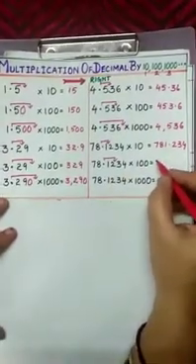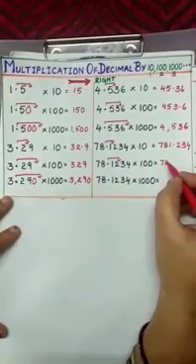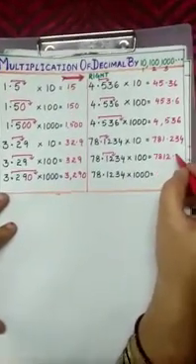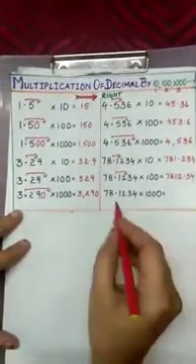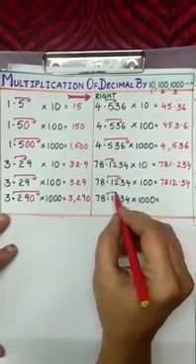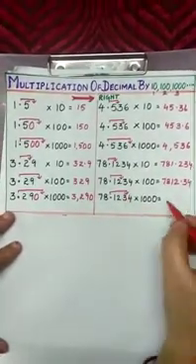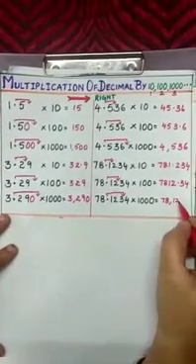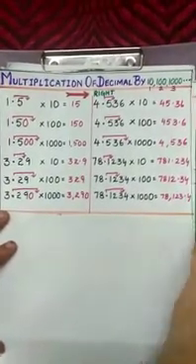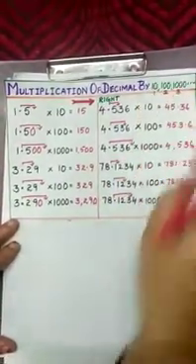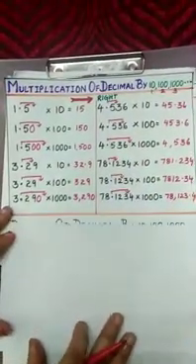Now the product is 7812.34. Now the same number, if you multiply by 1000, you have to shift the decimal after three places. Then we get 78,123.4. So this is the way we multiply decimal numbers by the numbers 10, 100, 1000 and so on.